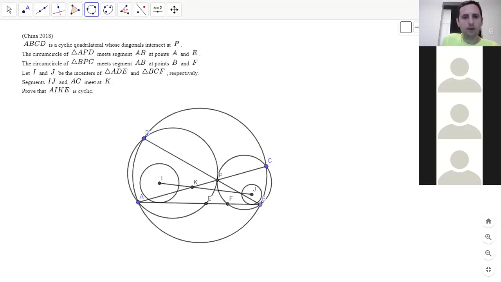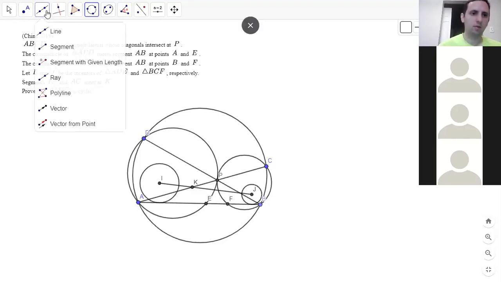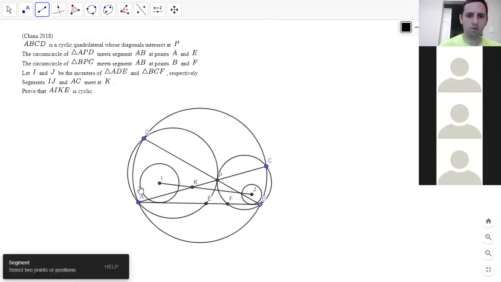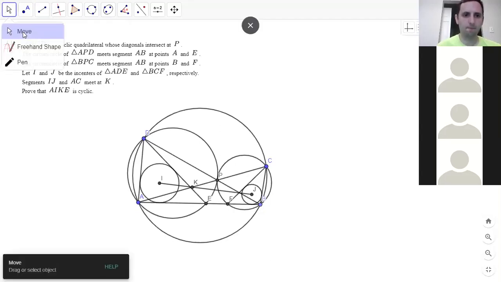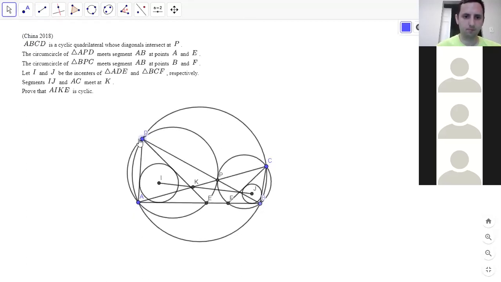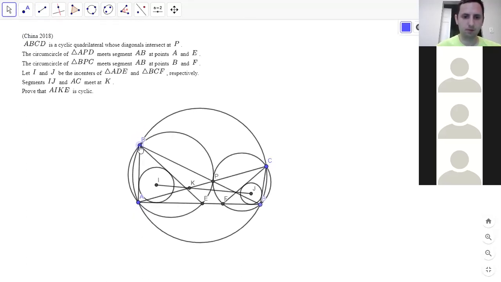So angle AIK, it looks like we could calculate that. I said DKE linear, but they're not. Sorry, what did you say? I said DKE linear, but they're not. Oh no, they're not linear. Yeah, they almost look like it.